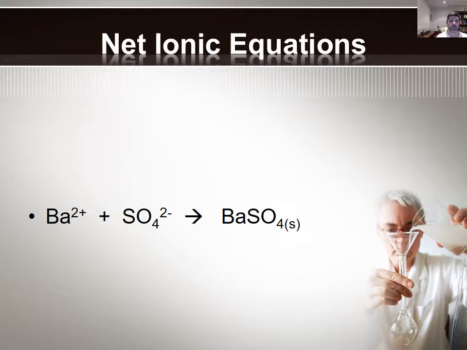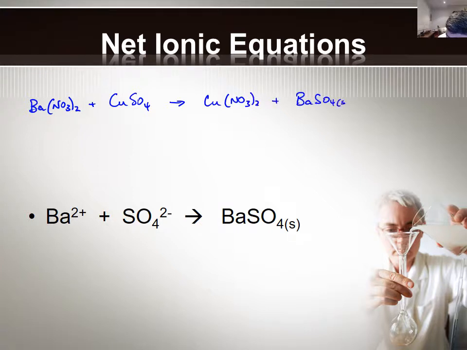So let's just have a quick recap of that. We had originally our barium nitrate and our copper sulfate, and we produced, I'm leaving the aqueous subscripts off at the moment because I'm going to separate these in just a moment, copper nitrate, which is aqueous, and barium sulfate.